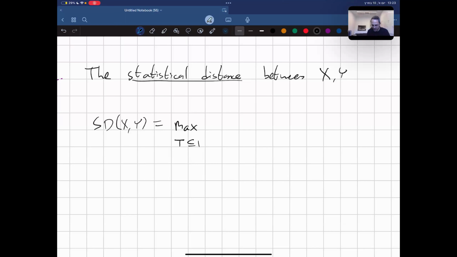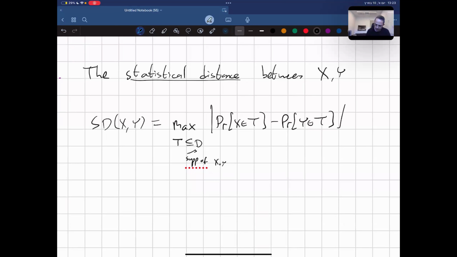These are subsets of the support, the joint support of X and Y. And you're going to test against X and against Y. So you figure out all possible tests, I mean, that's not efficient, and you check the probability that X succeeds or fails in the test versus Y, and the test that helps you distinguish them the most determines the statistical distance.